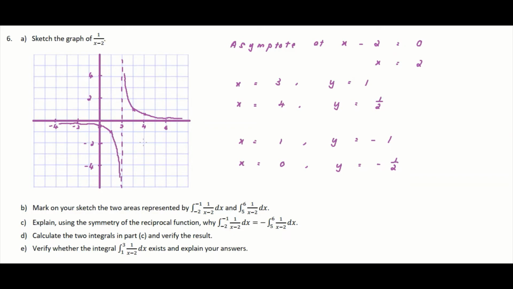Okay, so the same thing, I believe that you can draw better on your own graph. Okay, mark on your sketch the two areas represented by -2 to -1 and 5 to 6.